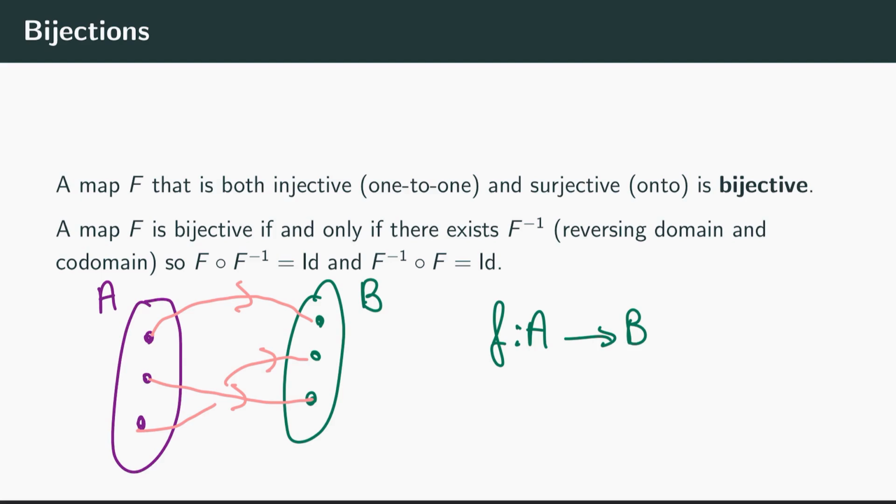Something like that is an example of a bijection from A to B, and then f inverse is what we get by reversing the direction of those arrows. So that's the picture I want you to have in mind for a bijection. It is a map that you can undo basically by reversing the direction of the arrows.